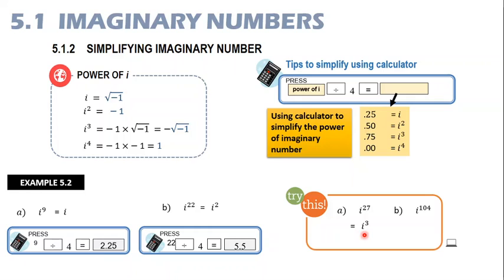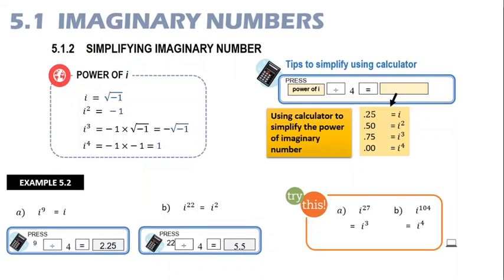Boleh cuba I kuasa 104, berapakah jawapannya? Ya, awak akan dapat 26.00. Tidak ada perpuluhan. Maka ia adalah equals to I kuasa 4. Okay, boleh faham? This is how we simplify imaginary number.